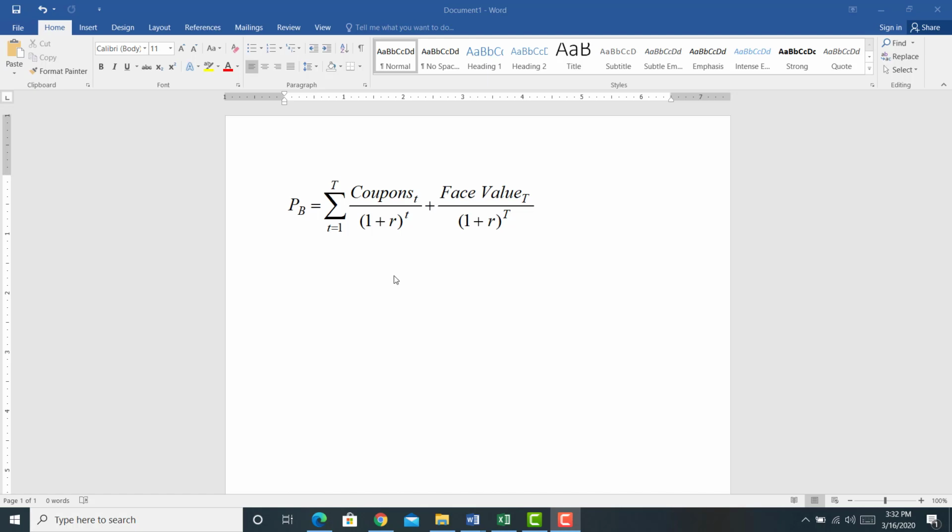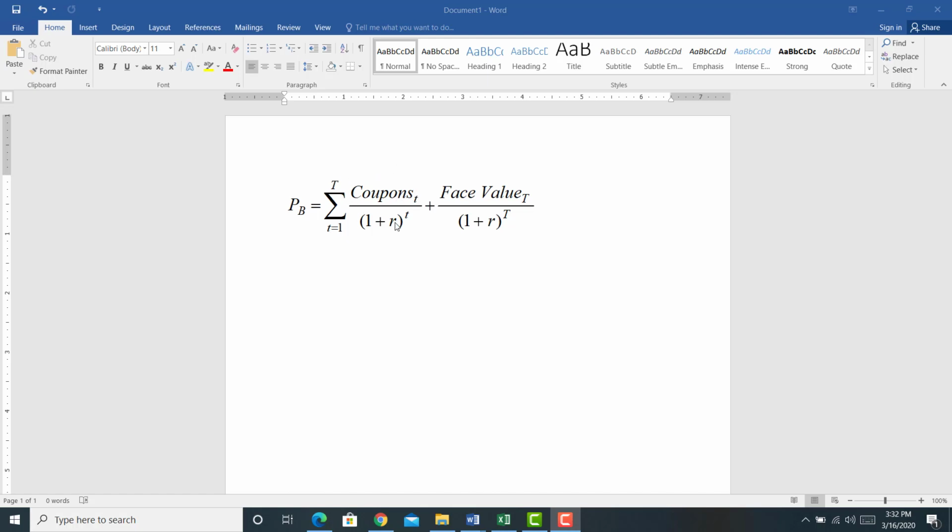So when we talk about stocks, we're going to use the same intuition. We're going to price these stocks as the sum of the present value of the future cash flows that the stock will pay out to shareholders. And what are the cash flows that the stock pays out to shareholders? Of course, those are dividends. So we're going to use this bond pricing formula, and instead of coupons specified by the firm, we're going to look at dividends specified by the firm.